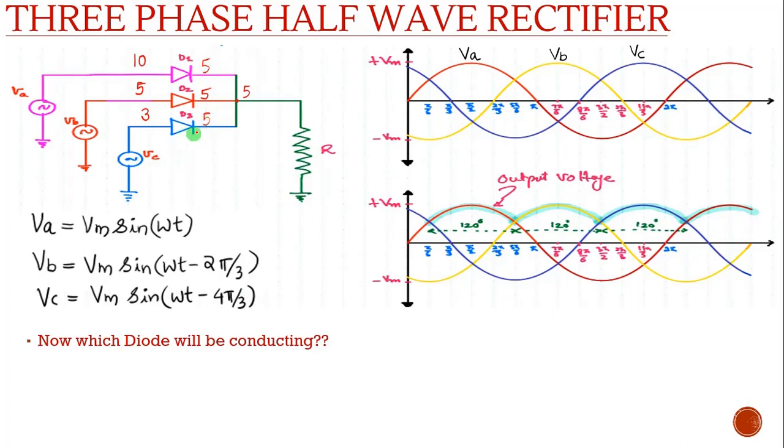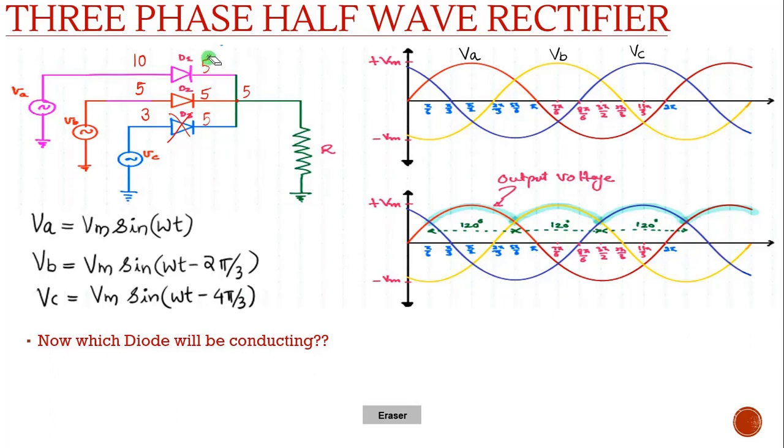Now you can see in anode side it is 3 volt and in cathode side it is 5 volt. So what will be happening? This diode D3 will be reverse bias. And this 5 volt is coming here in D1 also. Here in anode side it is 10 volt and in cathode side it is 5 volt, so this diode also will be conducting.